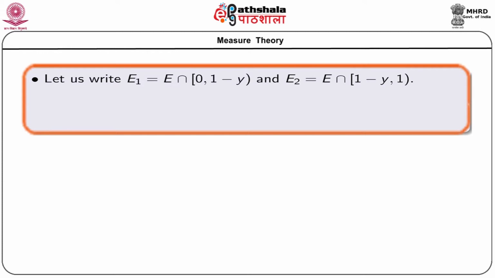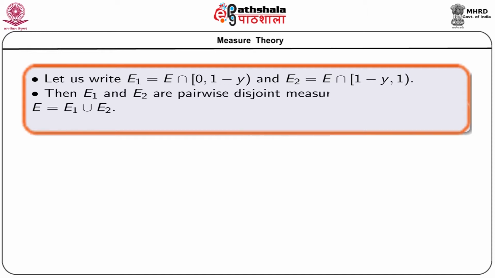So, we divide the whole interval into two disjoint parts and take their intersection with the set E. Obviously, since E is measurable, E1 and E2 are pairwise disjoint measurable sets, and E is the union of these two pairwise disjoint measurable sets E1 and E2.